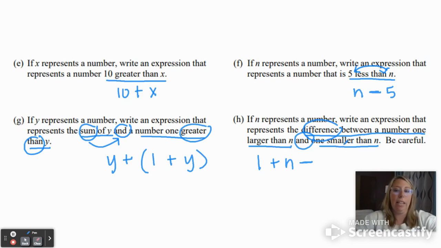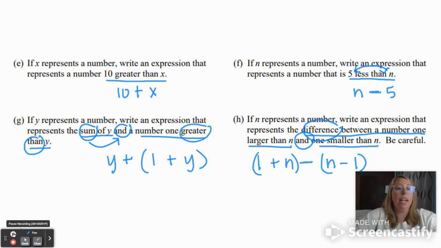Smaller is kind of like less than, so that actually means n minus 1. In this particular case, it is necessary to group those two pieces of your difference into sets of parentheses because this difference applies to this entire set, not just the letter N.